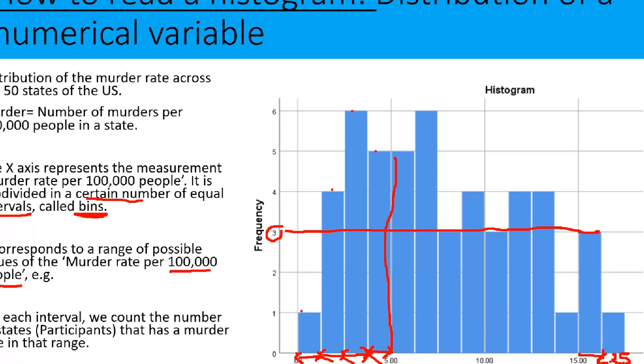So for each interval, for each bin, for each sub-interval, we count the number of states that have a murder rate between the beginning of the interval and the end of the interval. So here it will be 10 towards 11.25, okay? And so on. So you represent your 52 states here in that histogram.